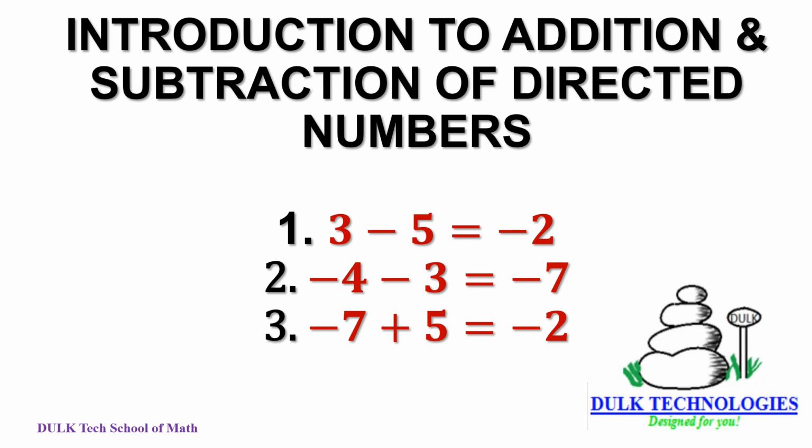So I want to use this number line to show you how to simplify directed numbers, to add and subtract directed numbers. I will start with this line, which is my number line. Then I will mark it here. This is the position of 0.